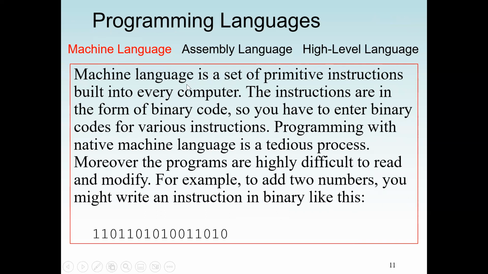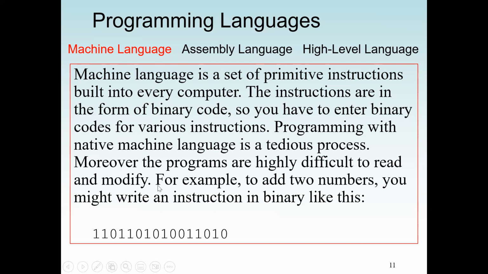So machine language, as we said earlier, is the computer language. That's the language the computer understands. So it's 101010. In the earlier stages of programming, programmers had to write programs in machine language because in those days we did not have a compiler or a translator or interpreter to convert from the English language to machine language.